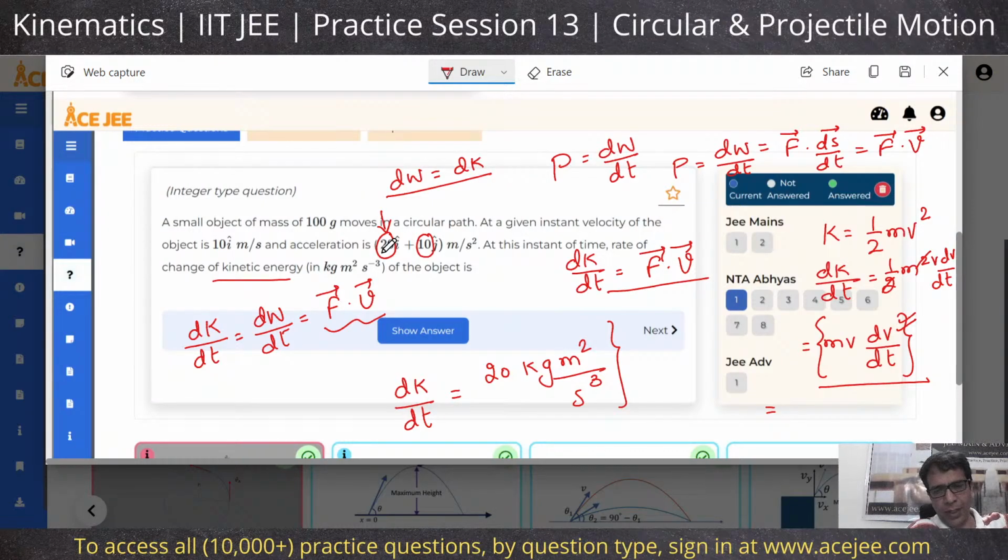V squared by r is 10. But anyway, mass is how much? Mass is 100 grams or 0.1 kg. So V is 10, and this is your 20. So what do you get? 20 kilogram meter square per second cube. Ruchika beta, is that clear? Yes, beta?